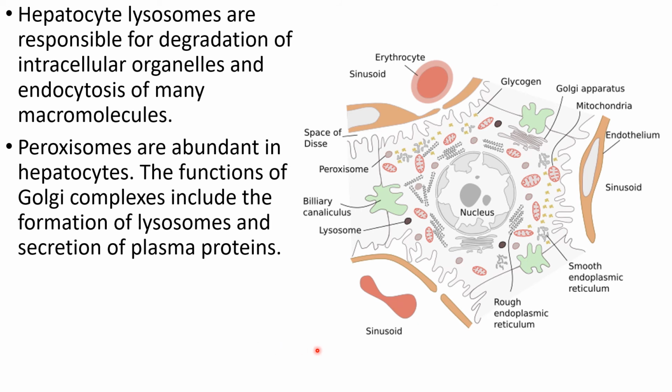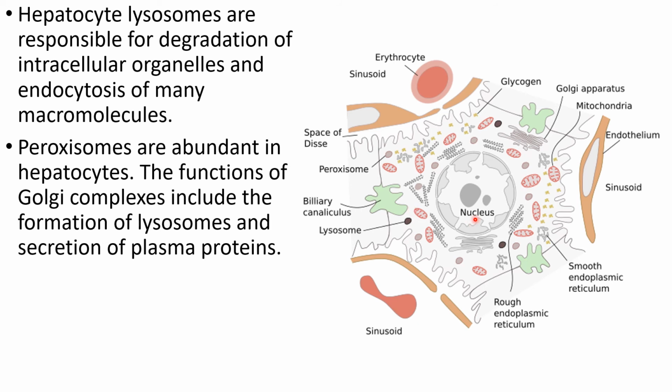Hepatocytes do possess the suicidal bags of the cells that are called lysosomes. And the lysosomes of hepatocytes are responsible for degradation of intracellular organelles and endocytosis of many macromolecules.